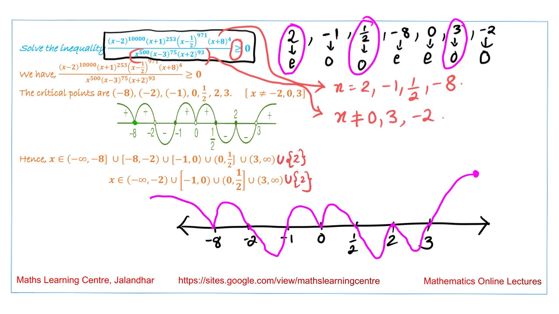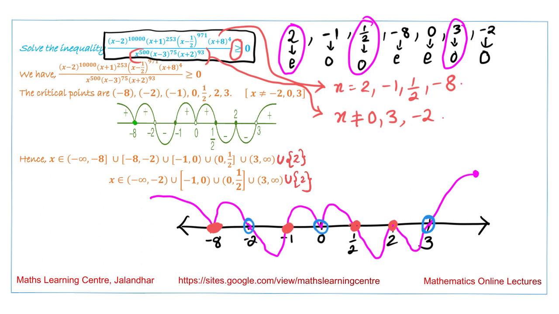So x can be equal to 2, x can be equal to minus 1, it can be equal to 1 by 2 and it can be equal to minus 8, but it cannot be equal to minus 2, it cannot be equal to 0 and it cannot be equal to 3.